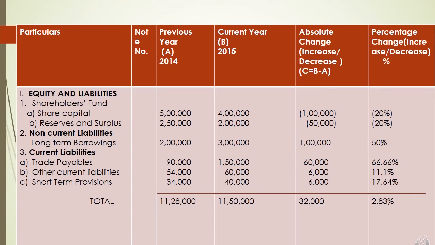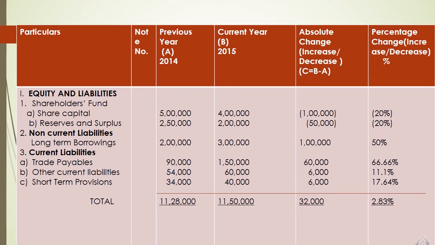About the short-term provisions, it was 34,000 in 2014 and has increased to 40,000, 6,000 increase. So 6,000 divided by 34,000, into 100 gives 17.64%. And the total amount in 2014 was 11,28,000.